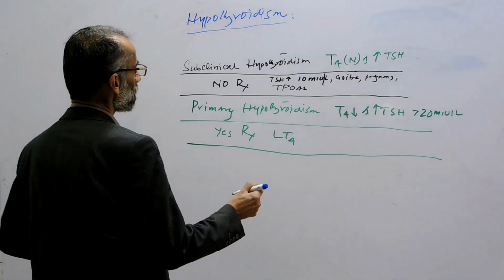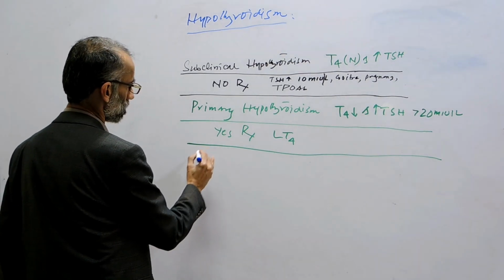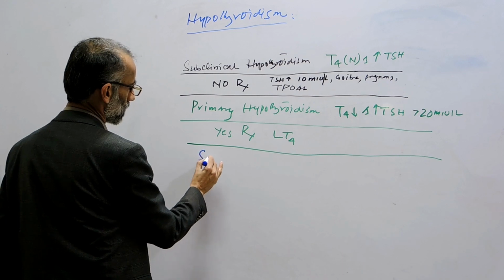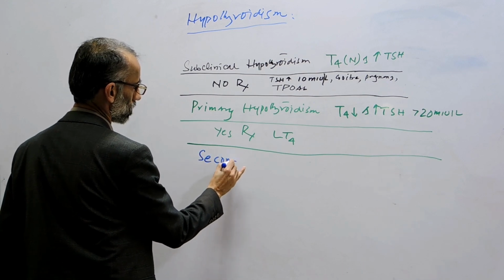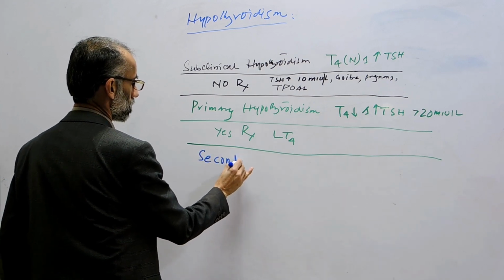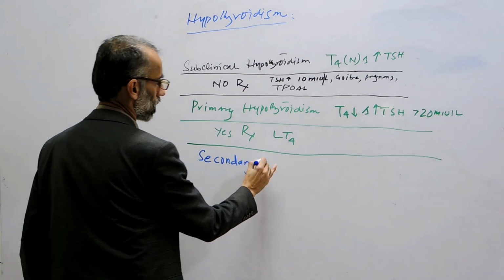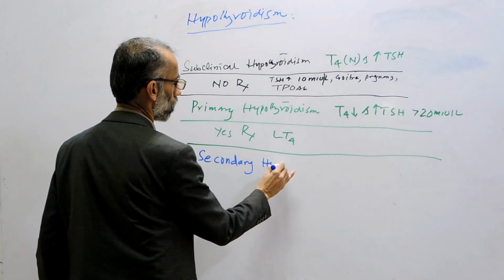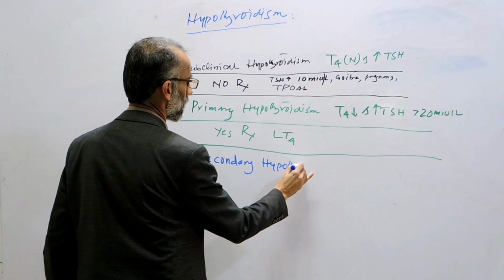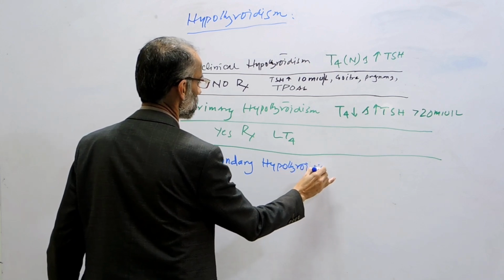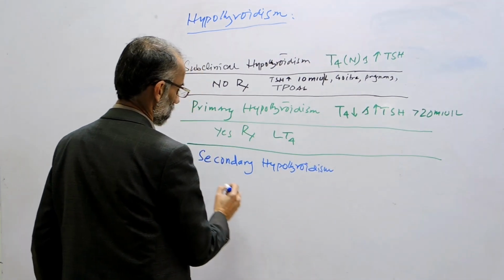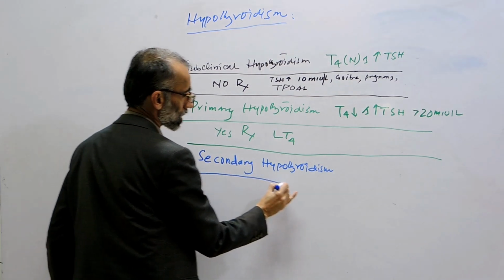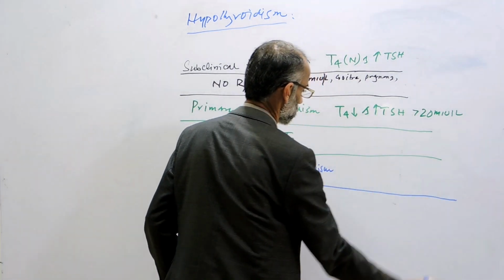The third type of hypothyroidism is secondary hypothyroidism or central hypothyroidism.